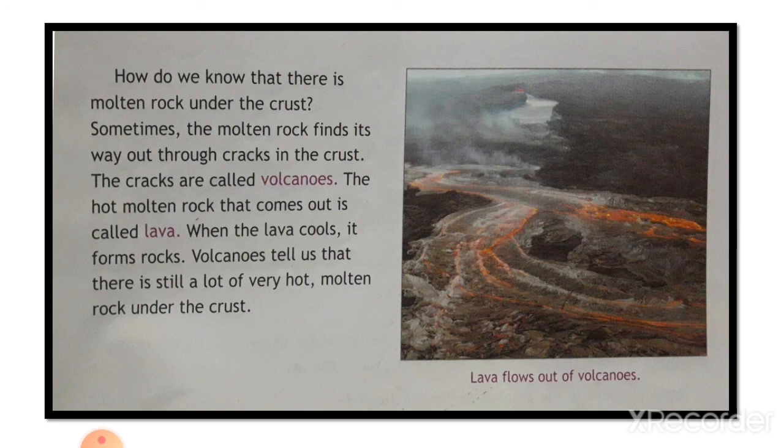The molten rock that comes out of the cracks is known as lava. And when the lava cools, it forms rocks. So what do the volcanoes tell us? They tell us that there is still a lot of very hot molten rock under the crust. You can see in the picture the lava flows out of volcanoes.